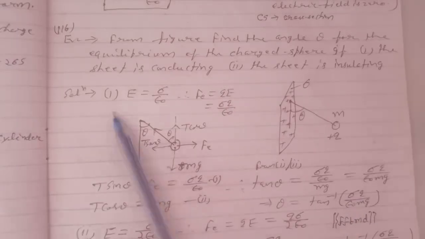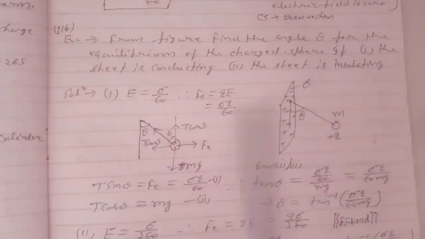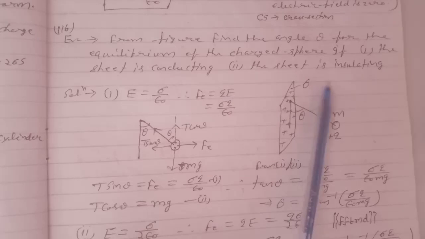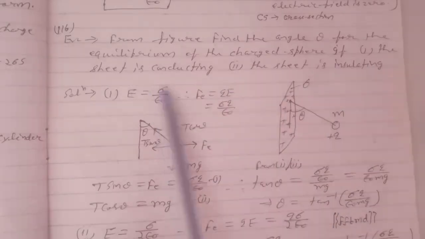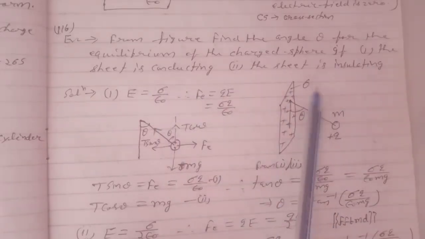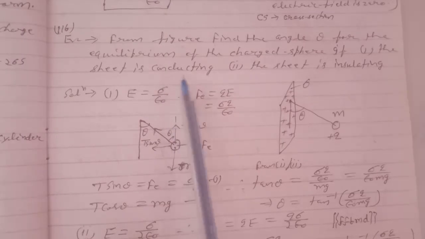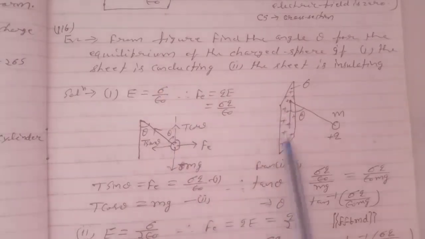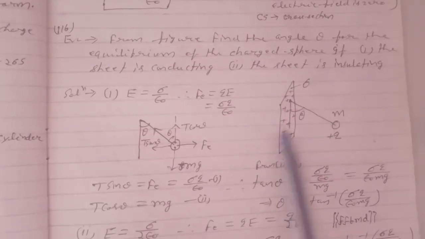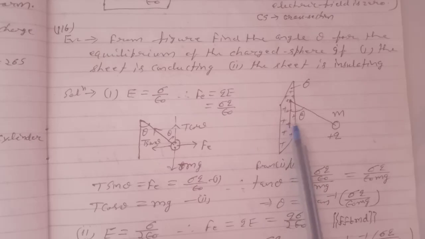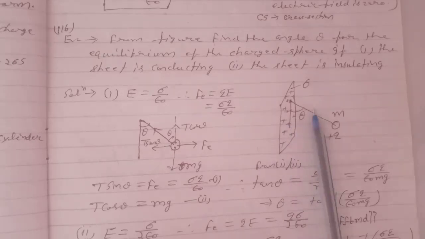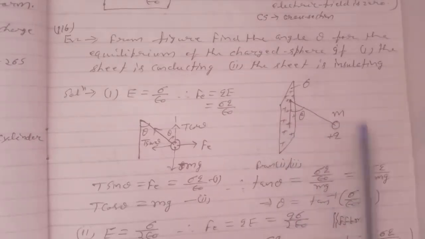Next question. From the figure, find the angle theta for the equilibrium of the charged sphere, if (a) the sheet is conducting, (b) the sheet is insulating. The first case is where the sheet is conducting. So we know that the electric field due to a plane conducting sheet near its surface is given by sigma by epsilon naught, and it is always perpendicular to the surface of the sheet.